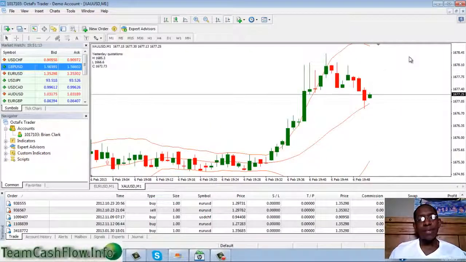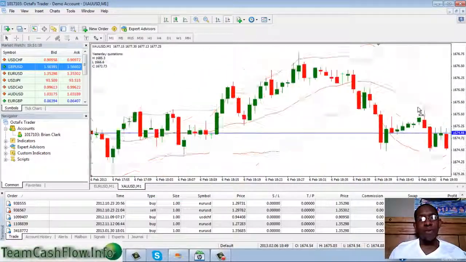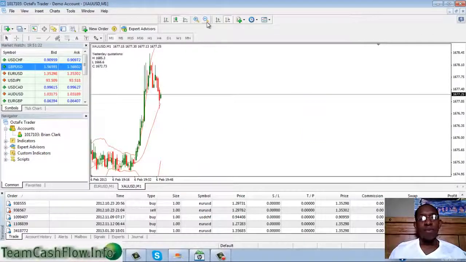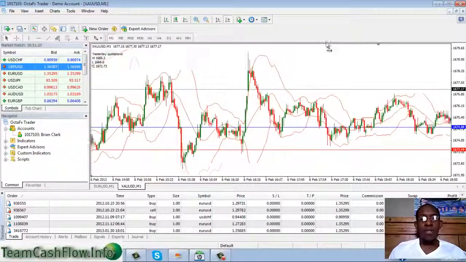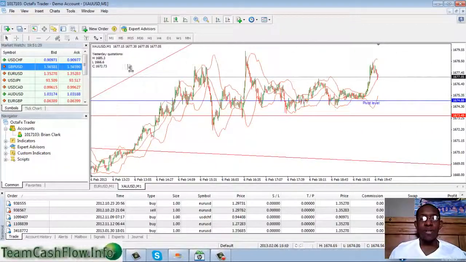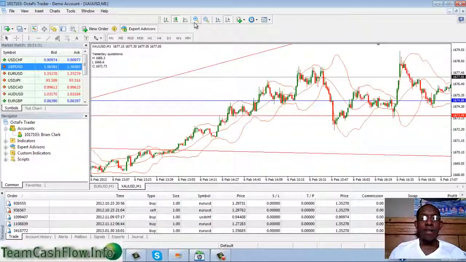Looking at the overall trend, I'm going to zoom out. Looks like the overall trend is up. Zoom out again. Overall trend is up. So I feel better with a call option than a put option.